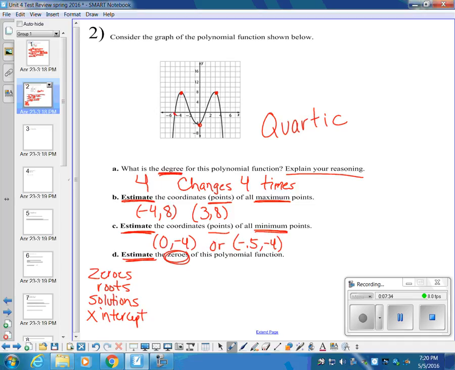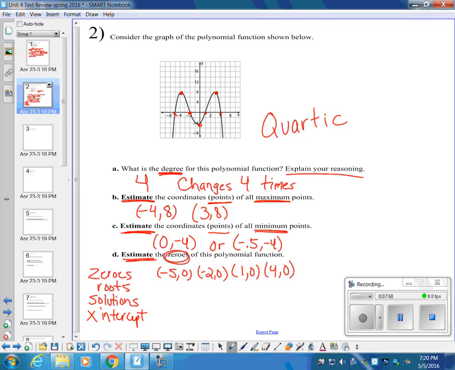Here, here, here, and here. So -5, 0, -2, 0, 1, 0, and 4, 0.